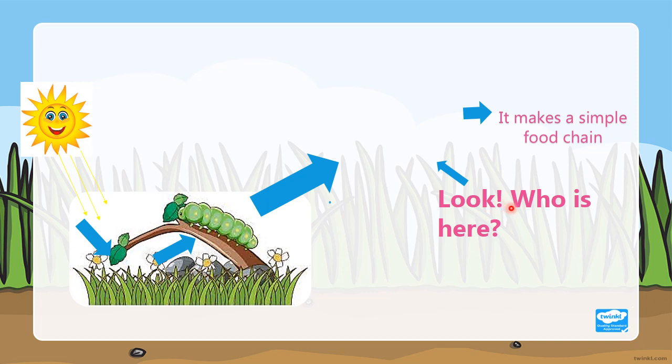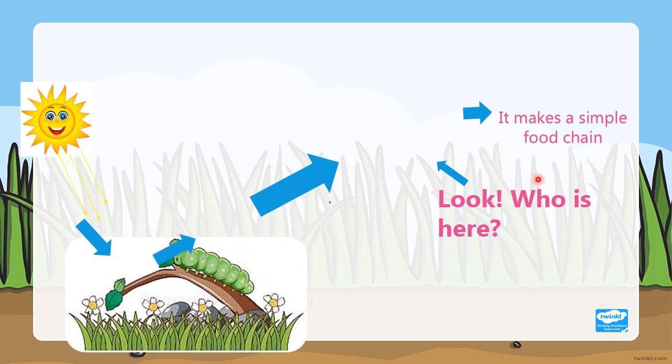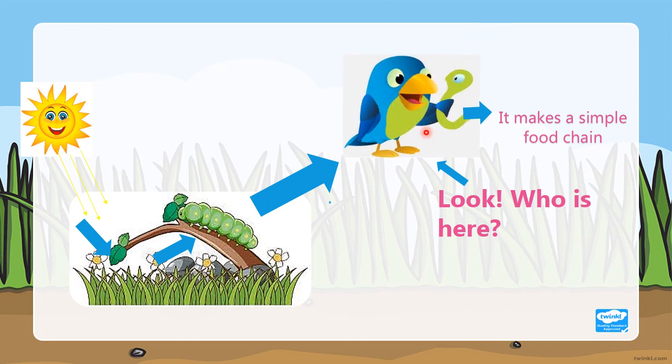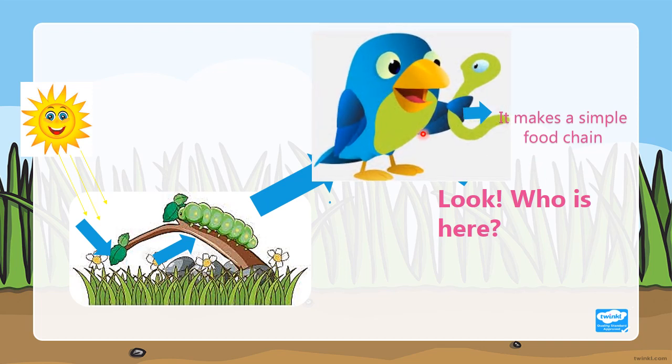Look, who is here? A bird. A caterpillar is eaten by a bird. It means the energy now got transferred from the caterpillar to a bird.